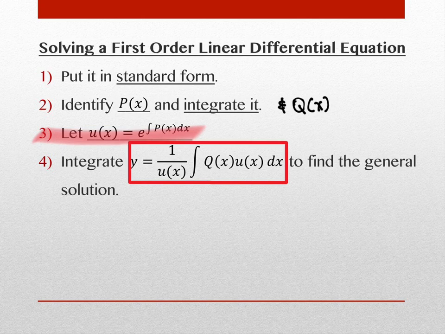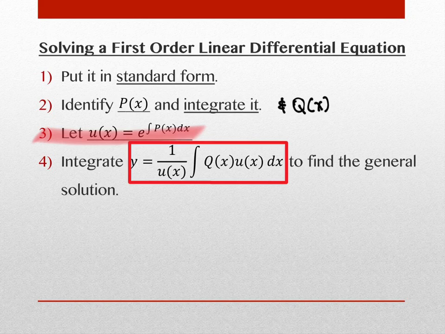You can't just move something from in front of a function to being inside of the integral of a function, right? It doesn't work that way. And that sort of should make sense, right? Like if I did the integral of x, that's not the same as x times the integral of 1. Those are not the same quantity. They're slightly different when you do those two operations, so they aren't interchangeable.